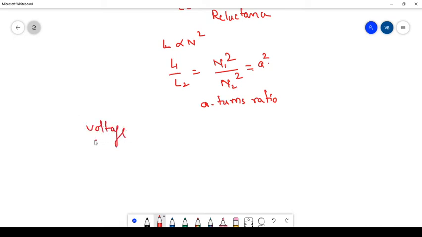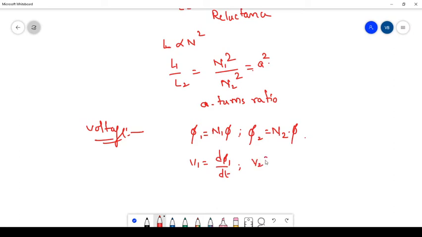We can take phi 1 as n1 into phi, and phi 2, the magnetic flux in the secondary coil, as n2 into phi. We have v1 equal to d phi 1 by dt, and v2 equal to d phi 2 by dt.